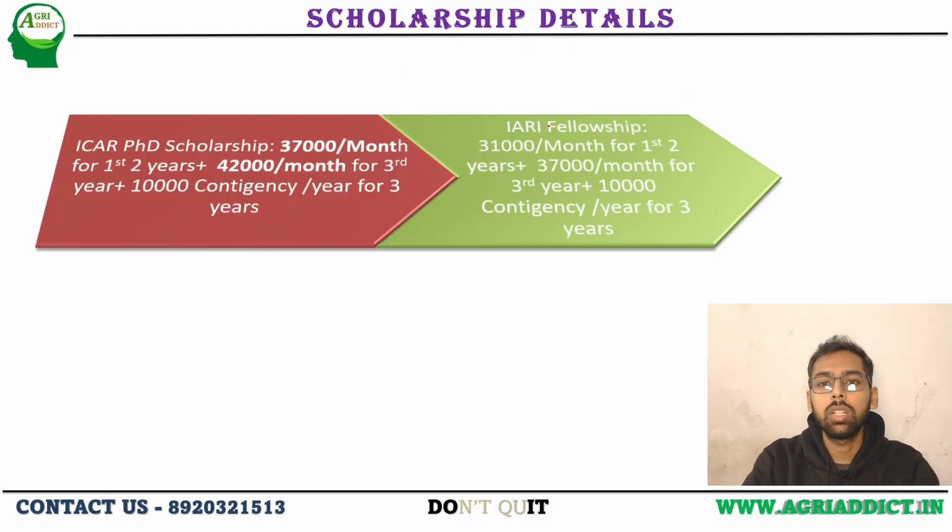So coming to the scholarship details. For people who get the JRF in the subject of genetics and plant breeding, there are totally 28 JRFs that we saw. For the 28 people who secure this JRF, for the first 2 years, first and second year, they will be provided with 37,000 per month.